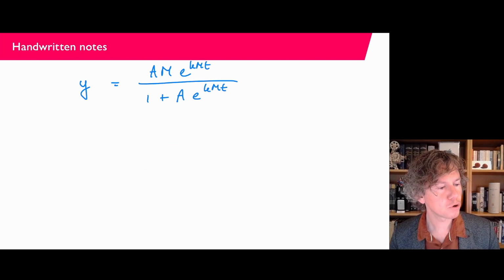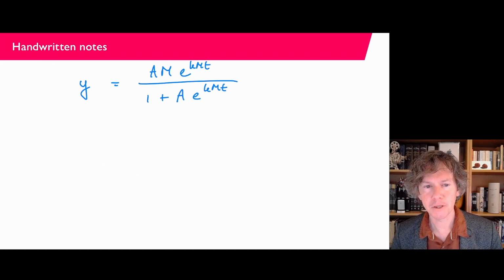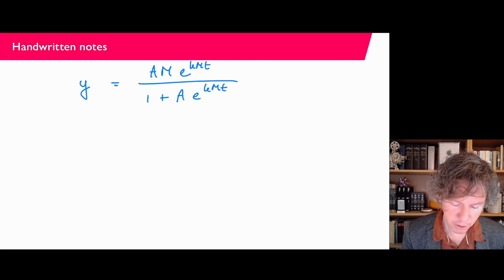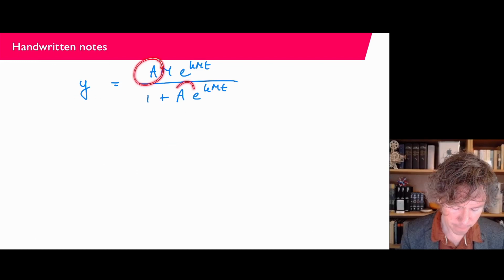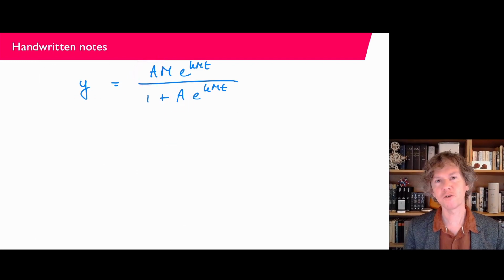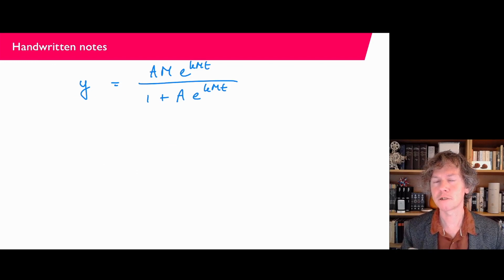So quite a bit of work. And I'm not completely happy here yet, because I still have this capital A in here, and this is just from the integration constant. For our physical problems, or if you talk about people actually studying population dynamics, they don't care about integration constants. What they would like is to have a solution in terms of the population size at time 0.